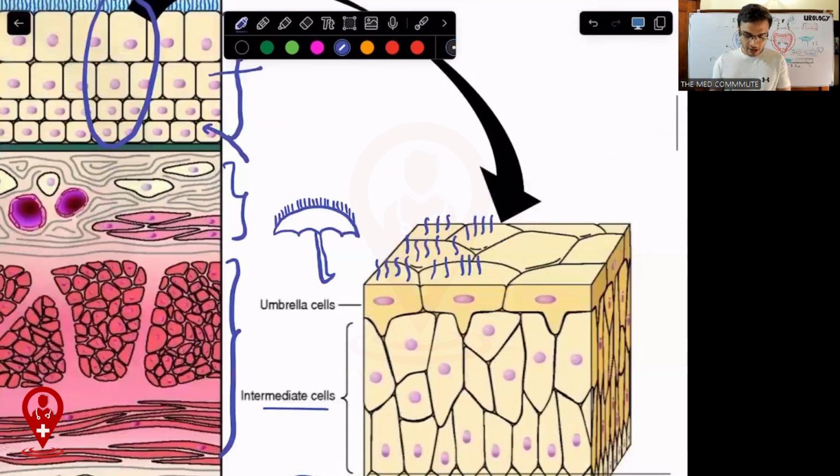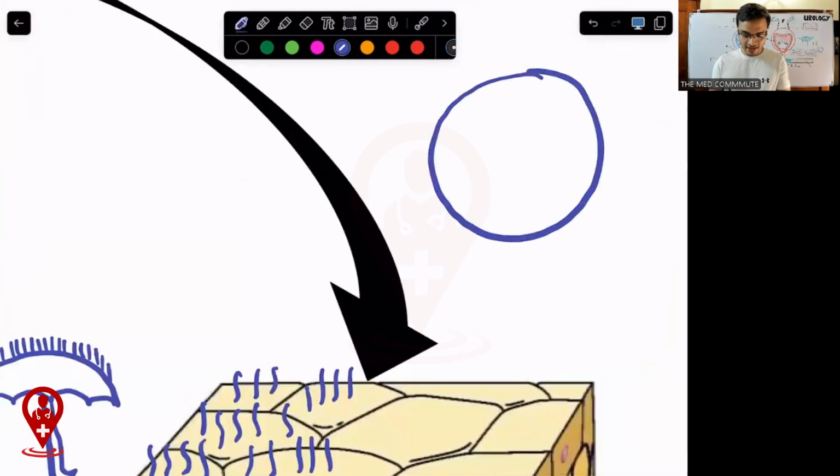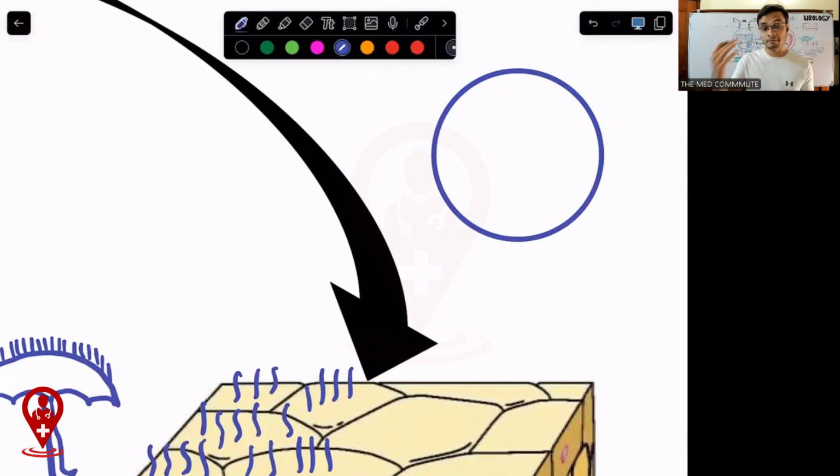Now, if we take a cross section of the urinary tract, specifically the inner aspects of the bladder as well as the proximal urethra, this is what it's going to look like. The umbrella cell layer is at the very top. These are the umbrellas. And then we have the other layers of the cells, the cuboidal cells, the columnar cells.